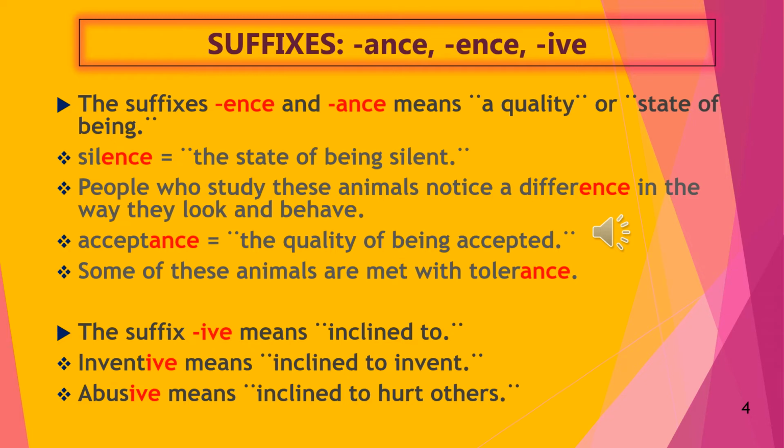And here we have a sentence with a base word that includes the suffix ens. People who study this animal notice a difference in the way they look and behave.